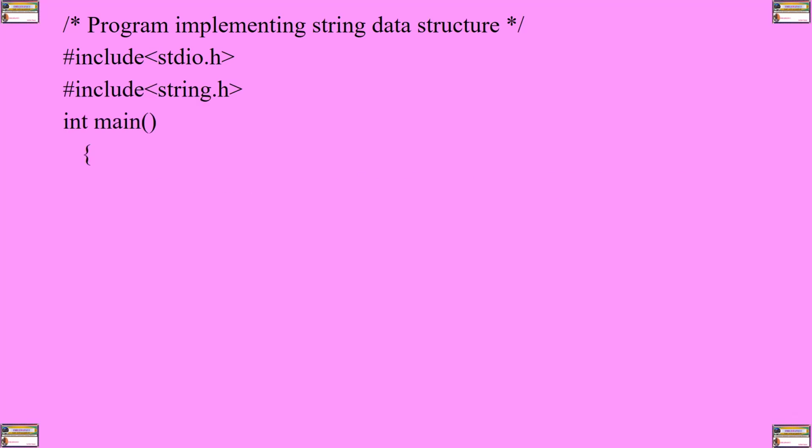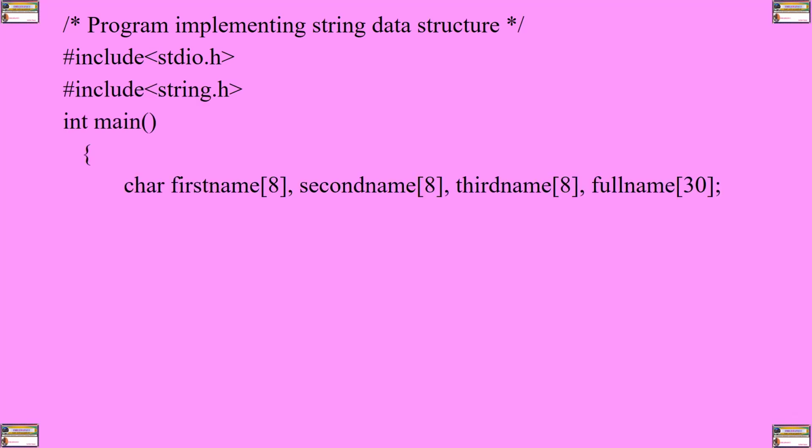Then we have the main function there, and then we are declaring memory locations for handling strings of characters, or arrays of char. These variables are fullname, whose data should not exceed 30 characters. The second one is the variable called name, whose number of characters should not exceed 8. The third one is secondname, whose content should not exceed 8 characters.